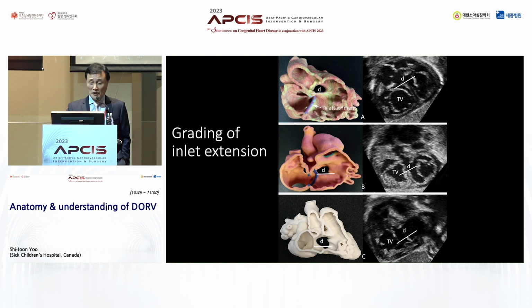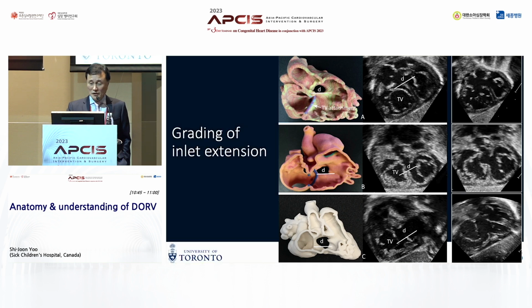VSD is here on top of the tricuspid valve, which means it's exclusively outlet. However, here, the ventricular septum stops here, tricuspid valve halfway inlet. Here, more, okay? So in the movie, you can see exactly the same case. So this is how you assess the extent of inlet extension. Okay.